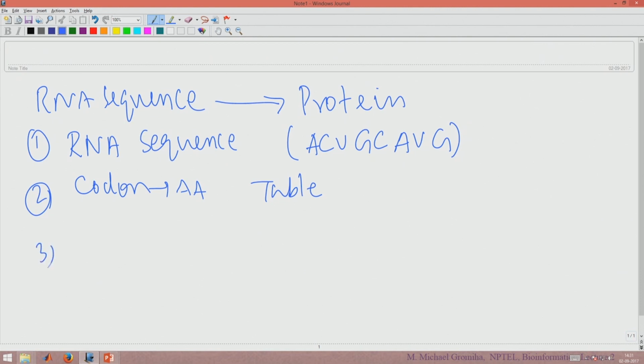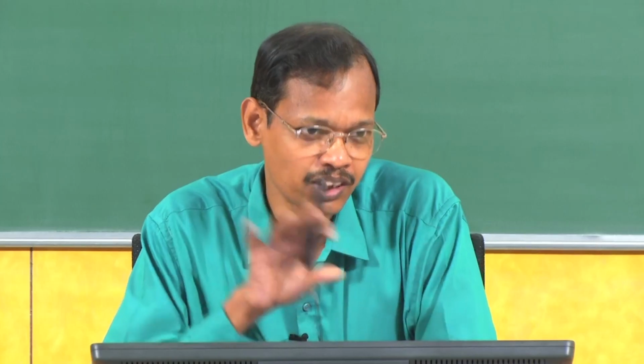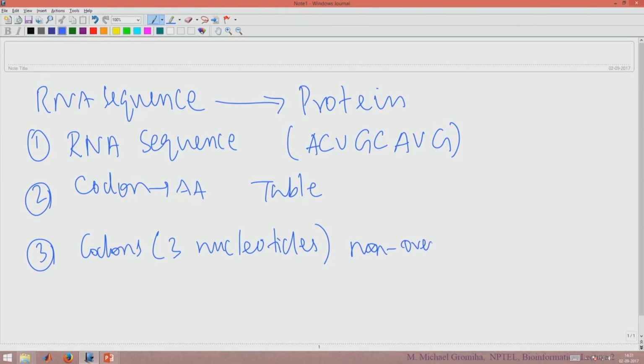Then what do you have to do? First change the RNA into triplets, you have to use the codons, so 3 nucleotides. You cut it into 3 pieces, not overlapping. So, here you stop and then start from the next one. Non-overlapping is very important.